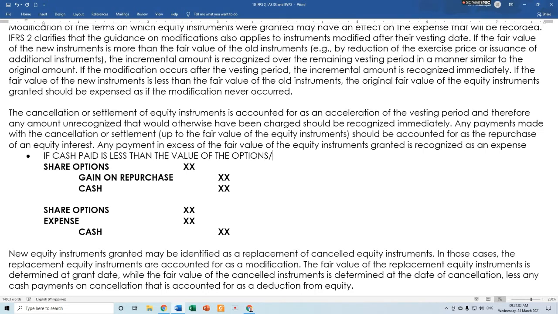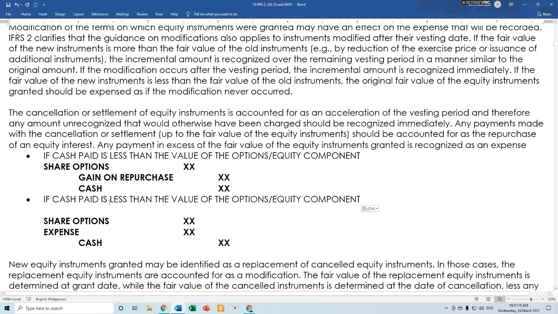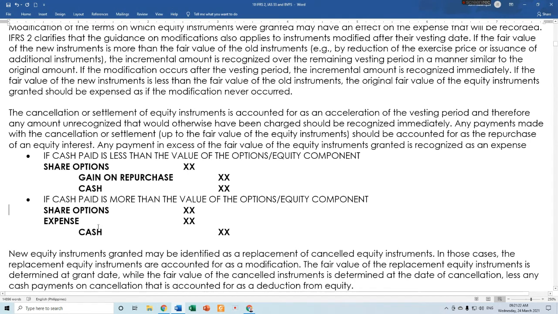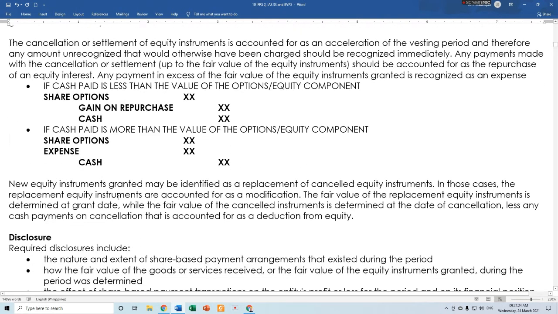Or basically yung equity securities or equity component. Yan ang entry mo. Pero kapag cash paid is more than, yan, ang entry mo na ganito. So, yan lang consideration natin dyan.